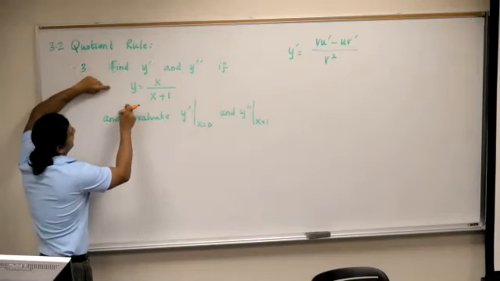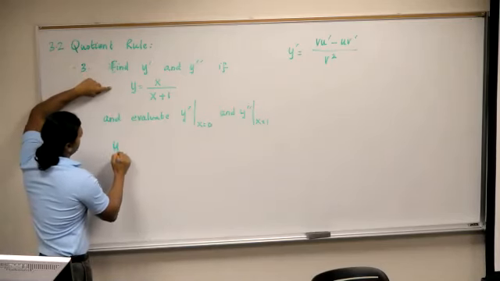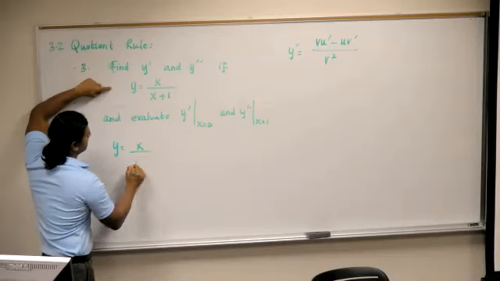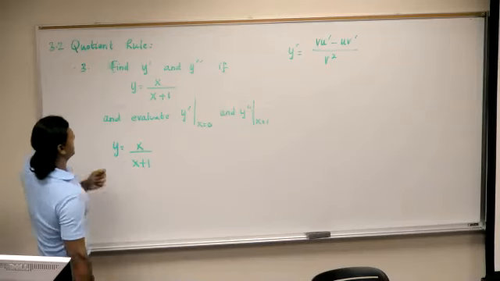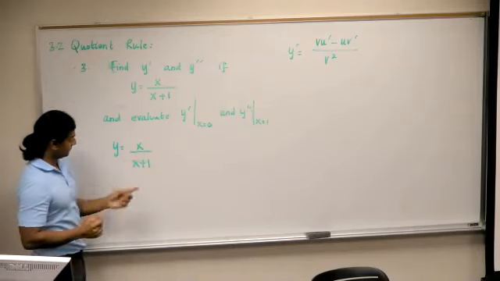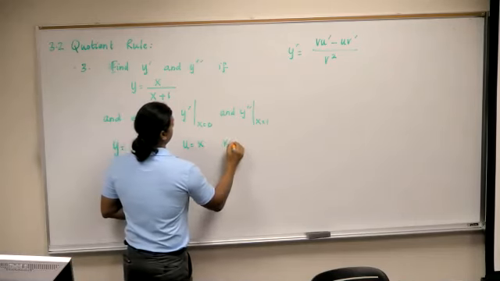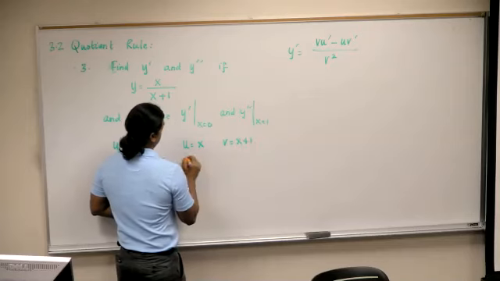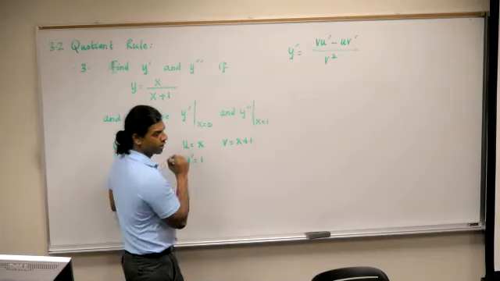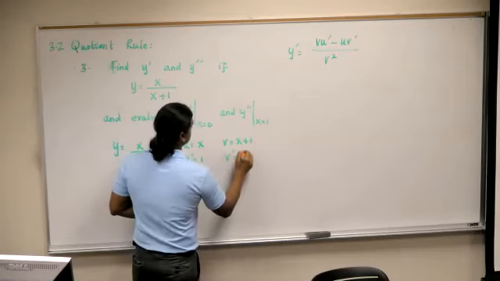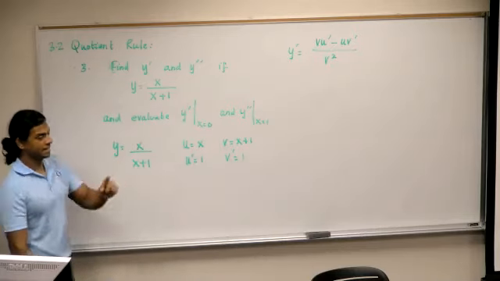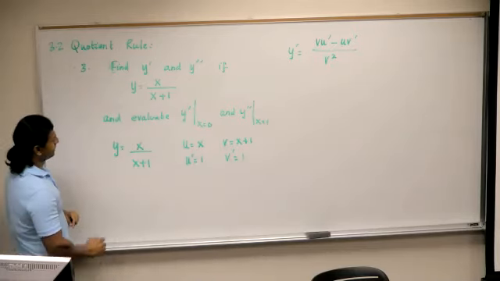So y is x over x plus 1, and u is x and v is x plus 1. U prime is 1. V prime is 1. Derivative of 1 is 0.